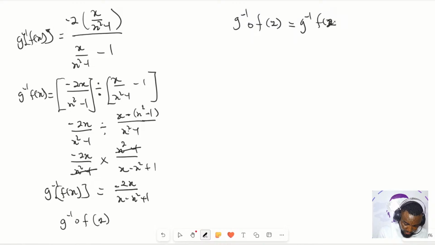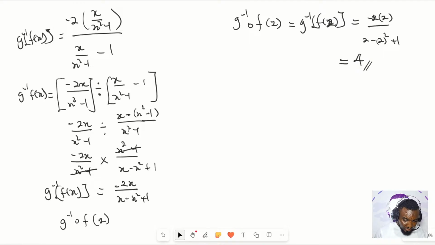In this case, x is 2, right? So we are going to have minus 2 multiplying 2 all over 2 minus 2 all squared plus 1. And that will give us 4, right? So Prince Bachi, you're also getting it right. It's going to be 4. That is very good.